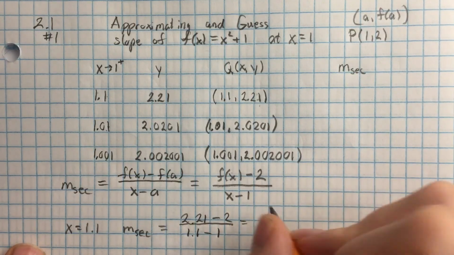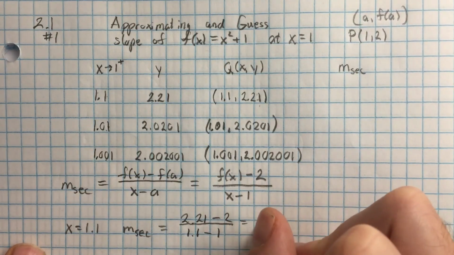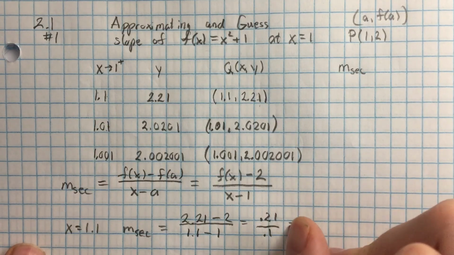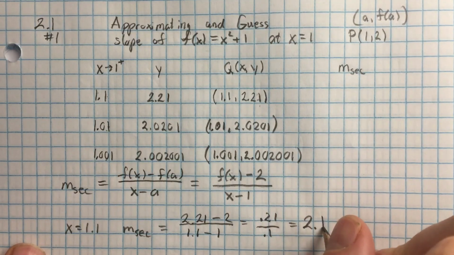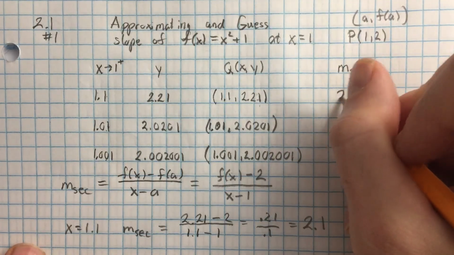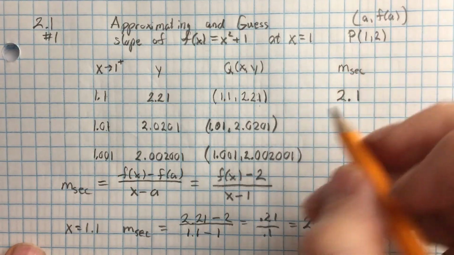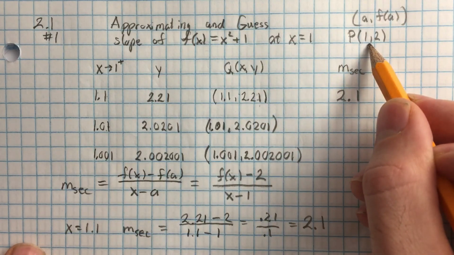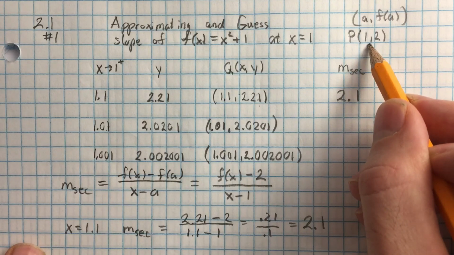So let's see what we get. We get 0.21 over 0.1, and that says shift the decimal one place to the right, therefore we get 2.1. All right, so 2.1 is the slope of the secant line connecting this point here with the one they chose, (1, 2), where we're supposed to be approximating our tangent slope.